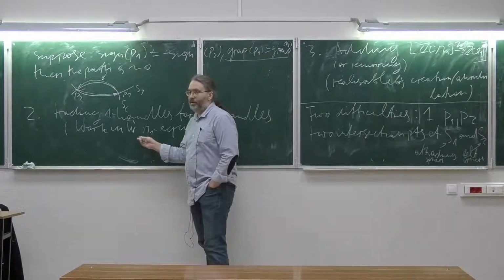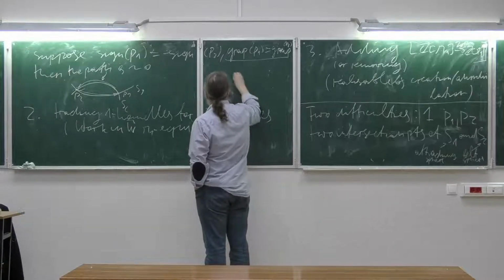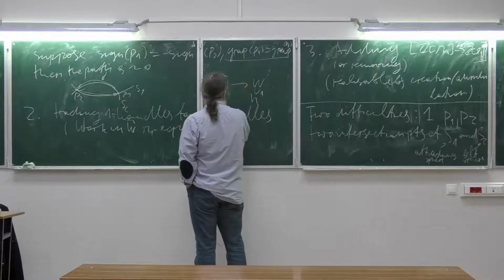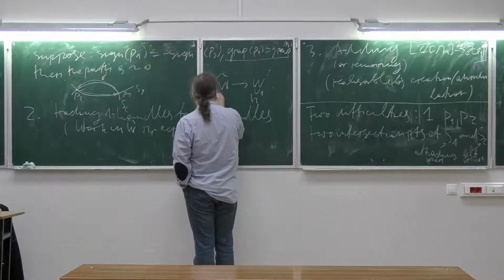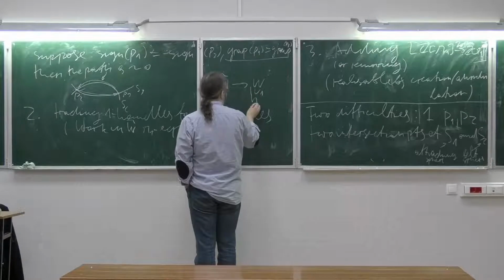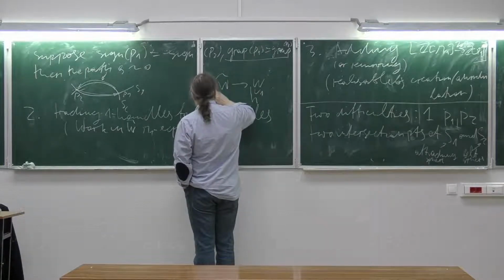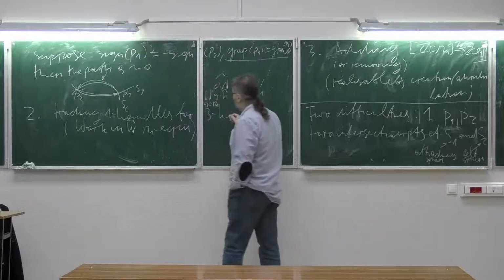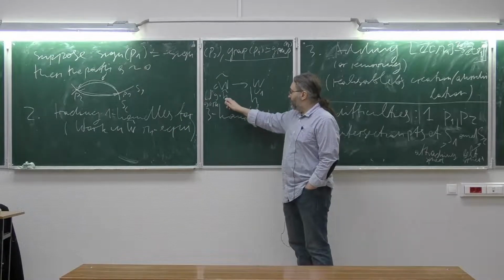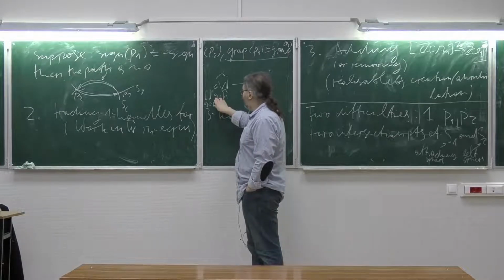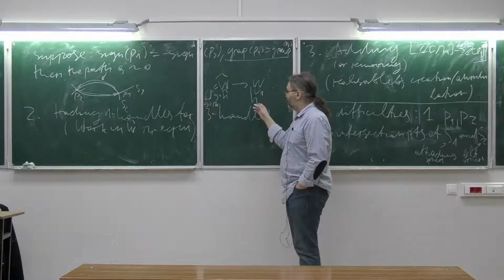Yes, so suppose we have a one handle H1. The preimage of a one handle H1 is a disjoint union of copies of some preimage of this handle.